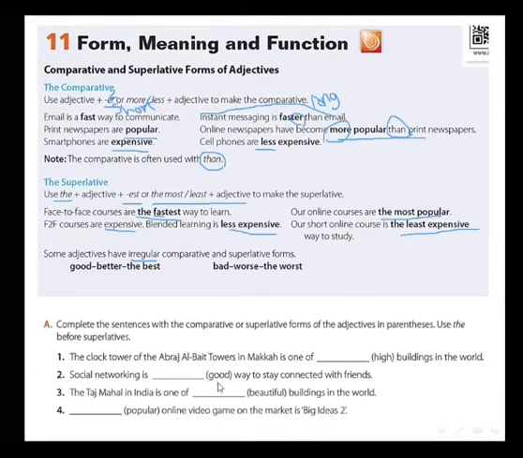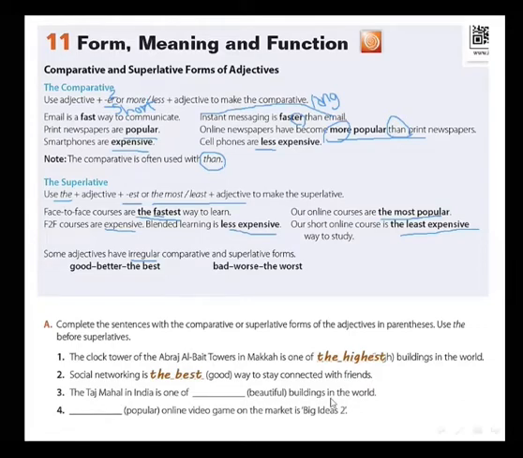It's a superlative adjective. And what about good? Good has an irregular comparative or superlative form. Here we will use the best. Very good. The best.